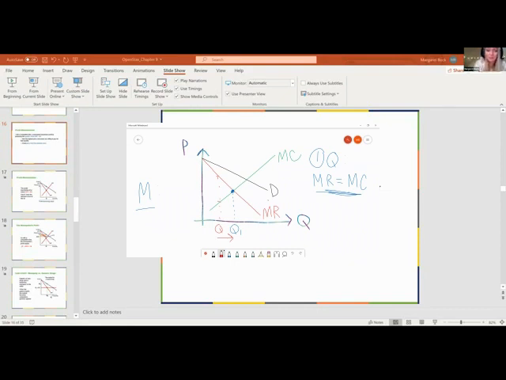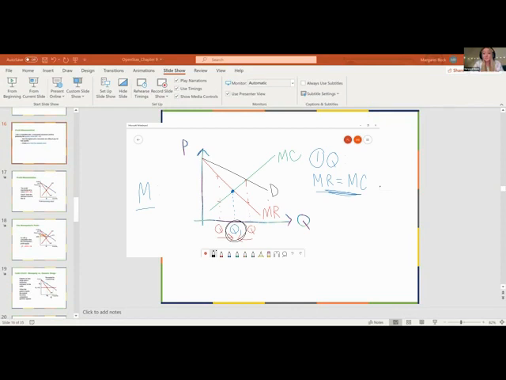But if they produce too much, at a quantity out here where the marginal cost is bigger than the marginal revenue, the money it's costing them to make these extra goods is bigger than the money they're bringing in, so they're going to want to produce less. So the profit maximizing quantity for the monopolist is the one where marginal revenue equals marginal cost. Great. Hopefully so far so good.